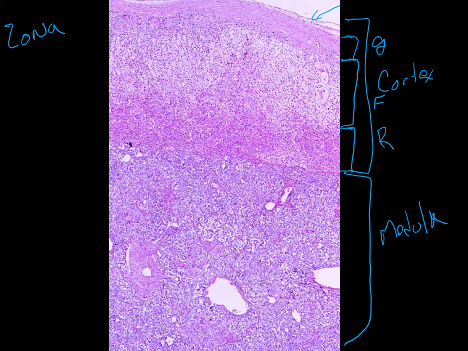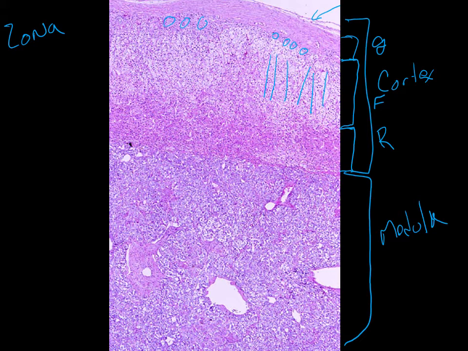Zona glomerulosa tends to have, as far as its appearance goes, more round looking structures. The fasciculata tends to be kind of in columns. So we can kind of see a column nature there. And then zona reticularis has kind of just a mixture of the two. One of the other components that we can generally go by as far as identification is that we go from a dark to a lighter to a dark and then to a darker again when we go from the outside.